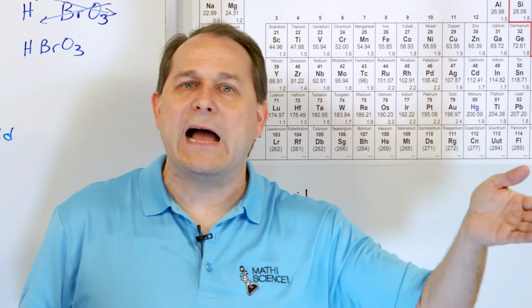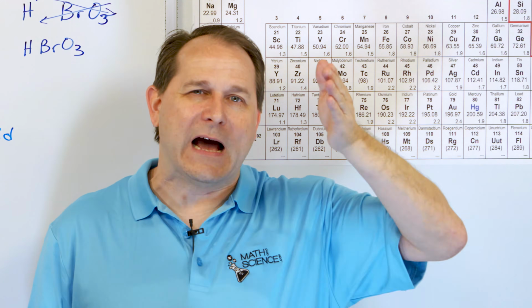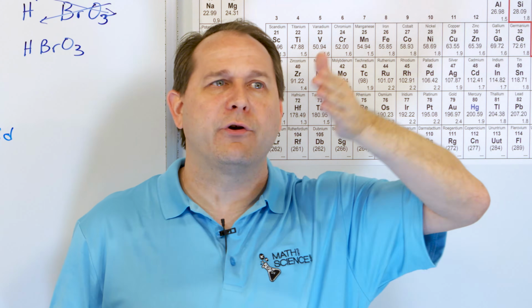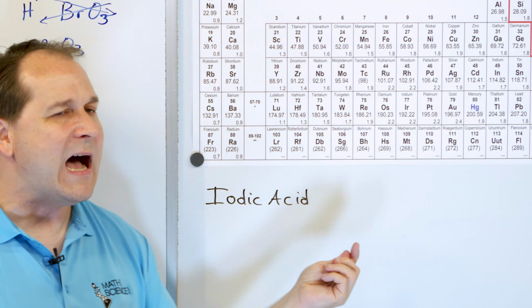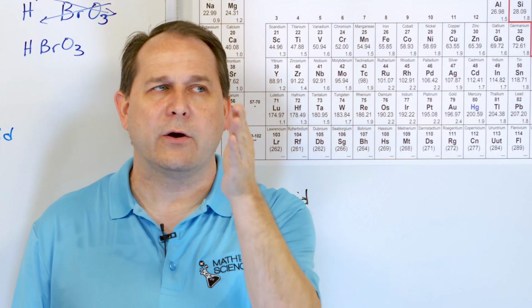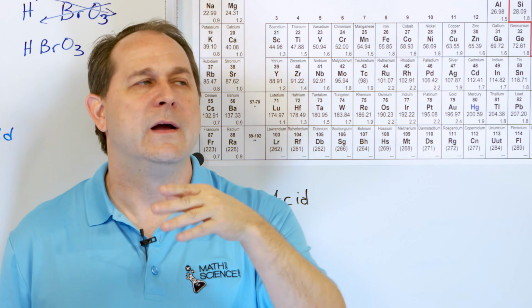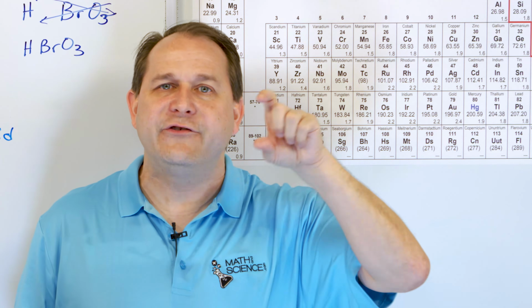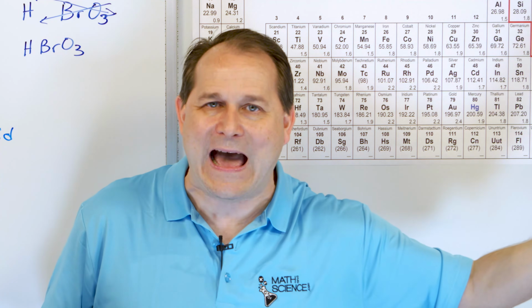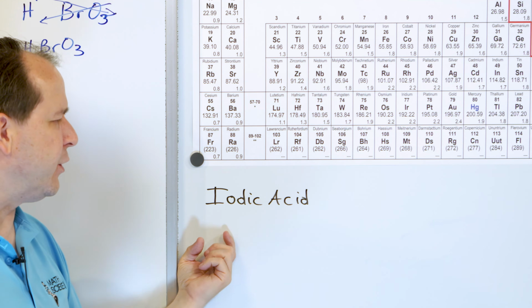If it were HI, it would be hydroiodic acid, because ide would become ic and it would be hydro something acid. But there's no hydro anything here. So this cannot be HI, because HBr would be hydrobromic acid, HF would be hydrofluoric acid, HCl is hydrochloric acid, and HI would be hydroiodic acid, but it's not written that way.